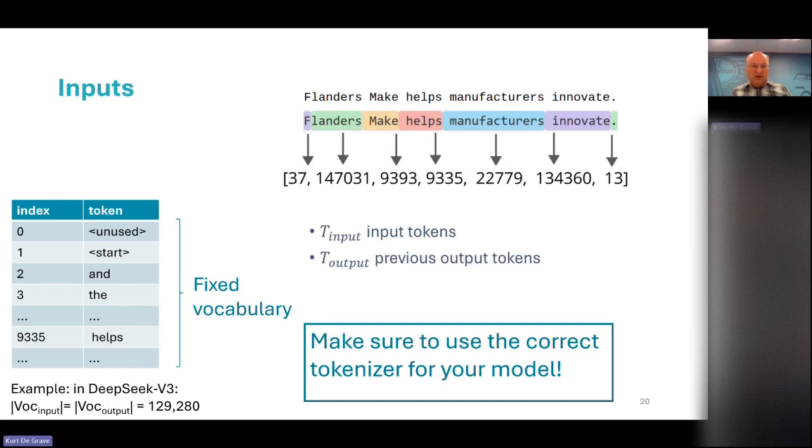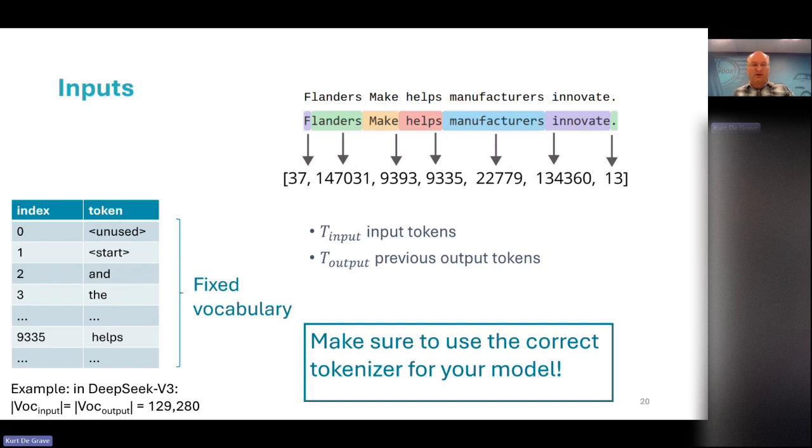But so a string is split in tokens. It means you get a vector of integer numbers, usually byte pairs. It's also interesting to see, for example, here helps is encoded, including the space.